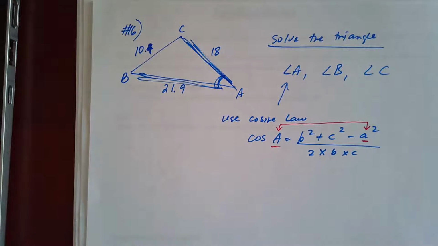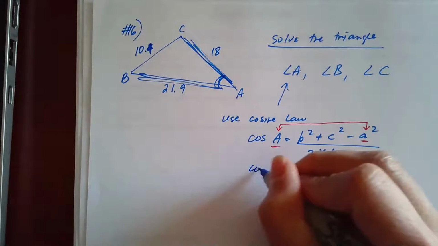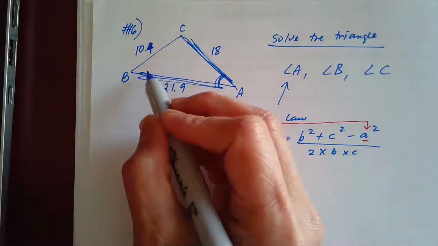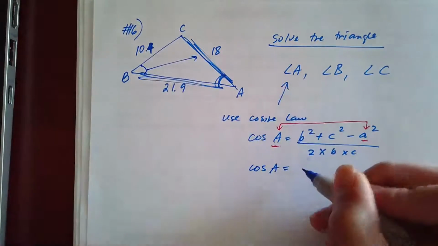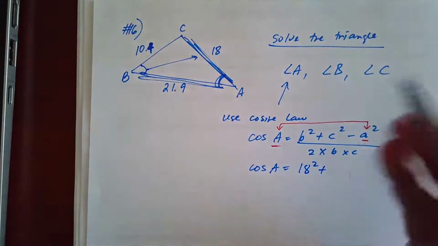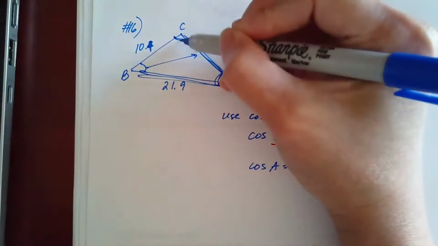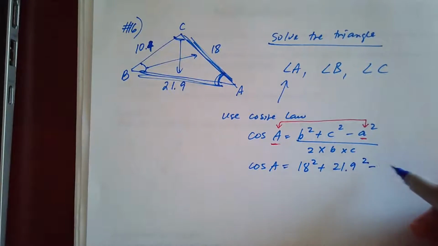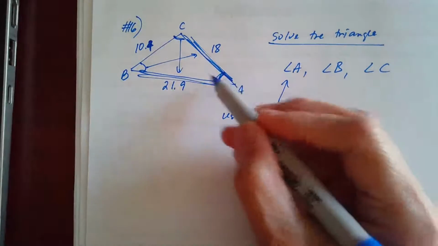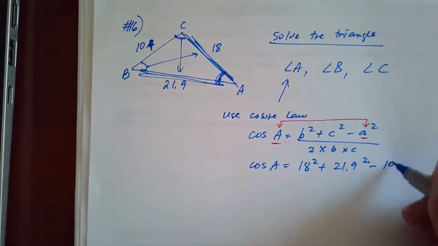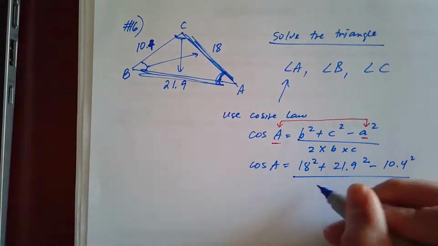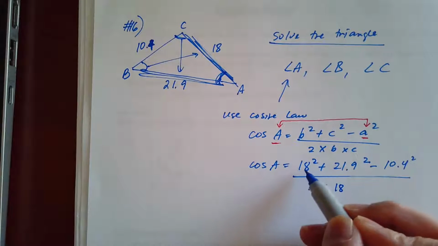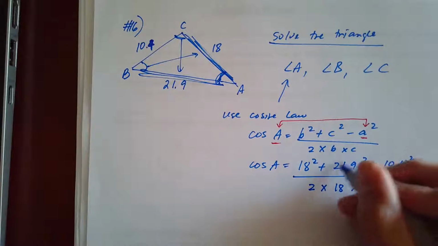So let's do that. So cos of angle A, so B squared, this is my angle B, so B is 18, plus C squared, so this is my angle C, then that means this is side C, 21.9 squared, minus, this is my angle A, and that's side A, so 10.4 squared, divided by 2 times 18. So this is the same number as that one, times the same number as that one.